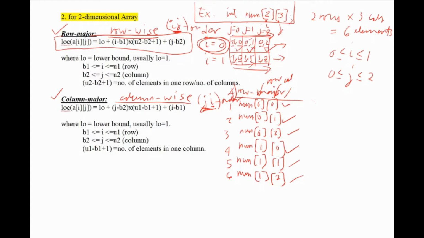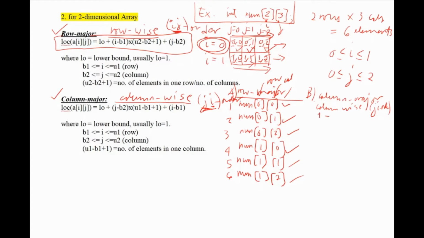After that, we move to the third column, so this would be the fifth and the sixth. So let's write in here our column major or column-wise ji order. The first element would be the same as the row major.